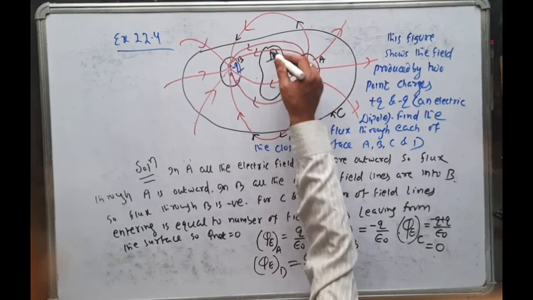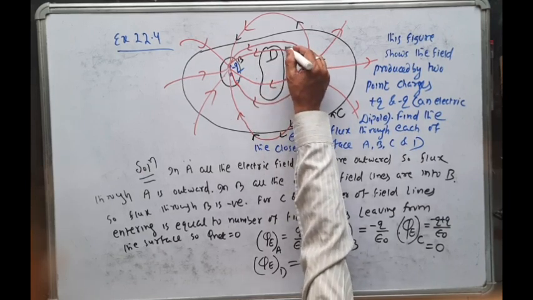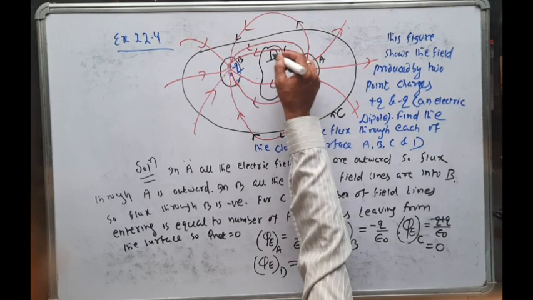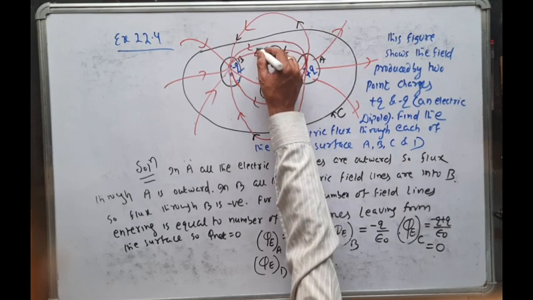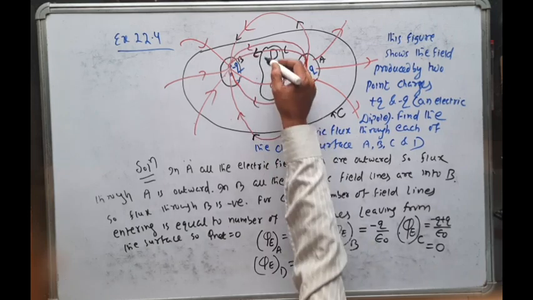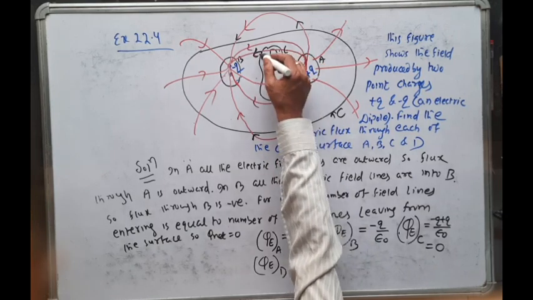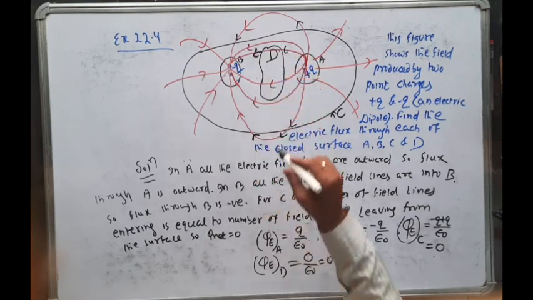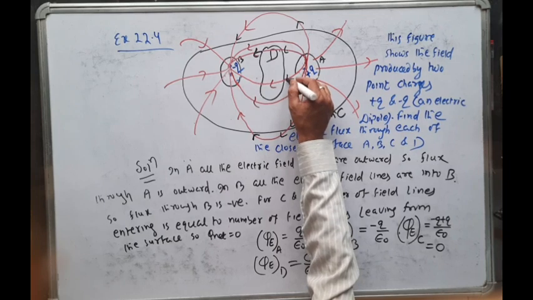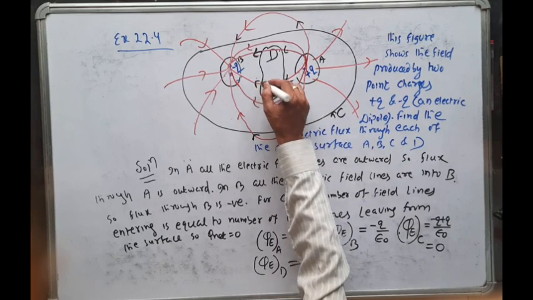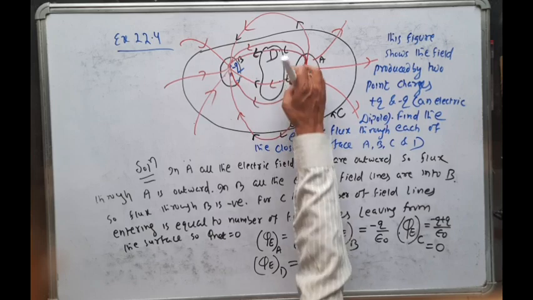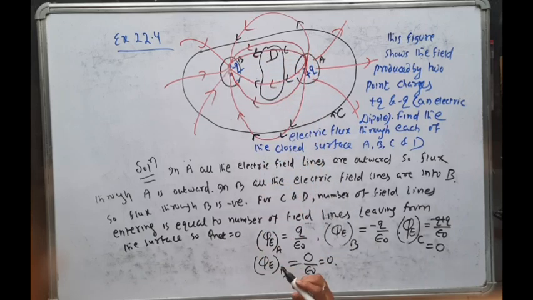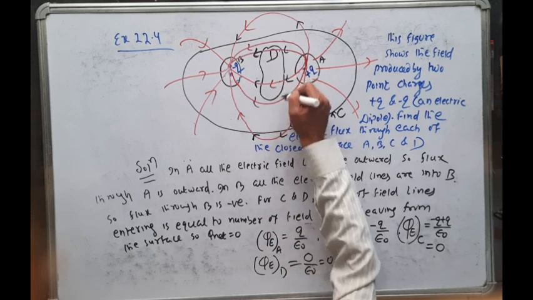Here this flux is entering the D surface. This flux by lines of force is leaving. So here this is positive, this is negative. So total lines of force is equal to 0. This is the lines of force entering D, and this is the lines of force leaving from D. So net lines of force or net flux is equal to 0 in this D surface.